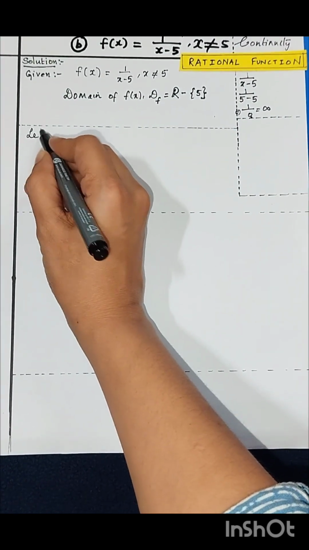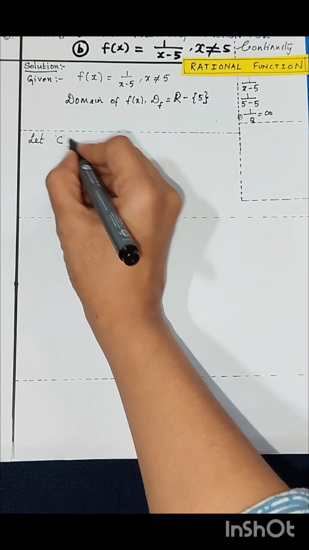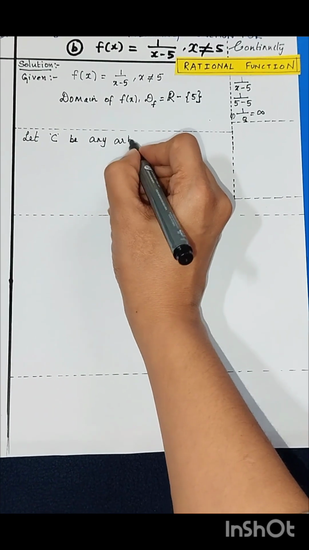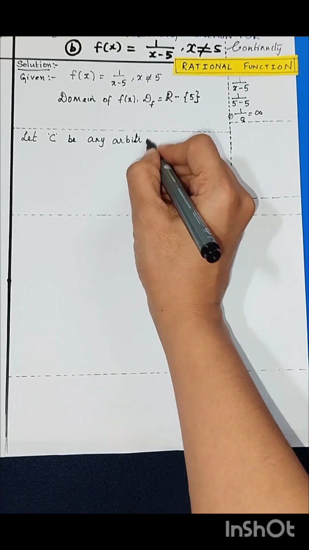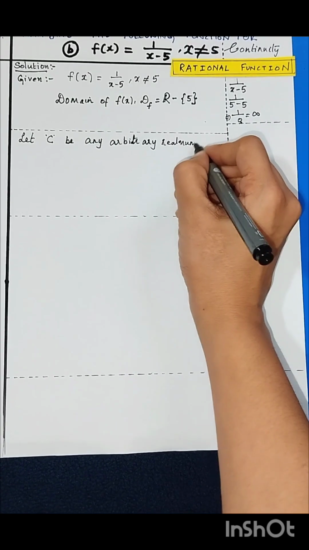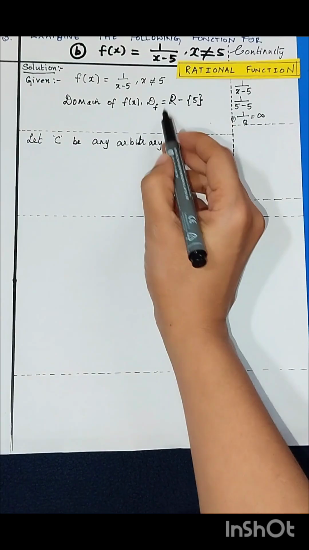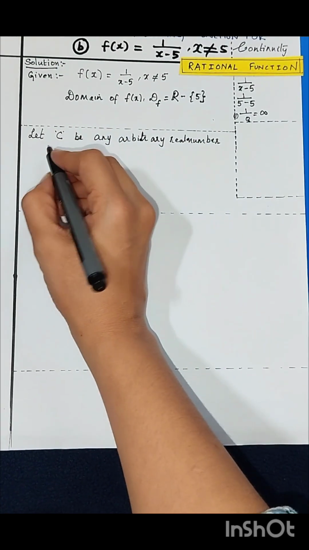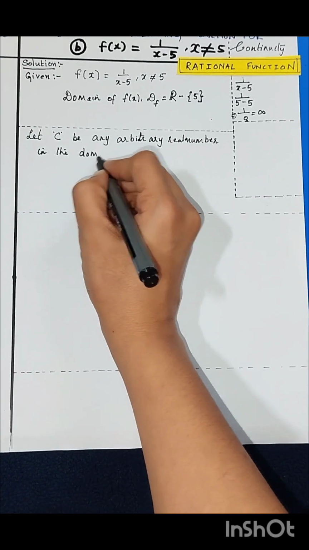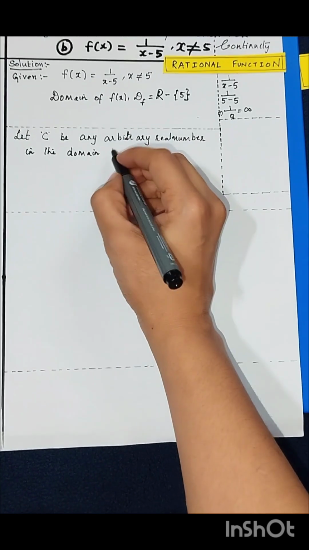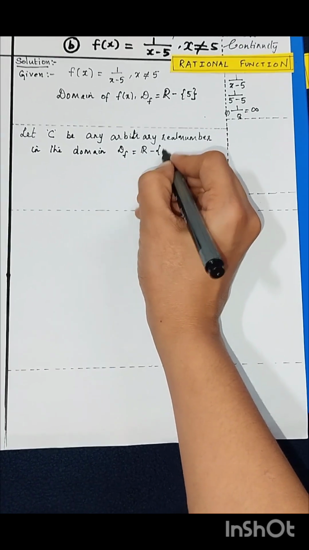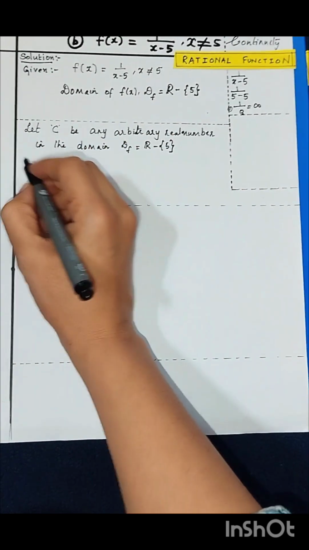Let c be any arbitrary real number. So c can be any real number in the domain D f, equal to all the real numbers except 5.